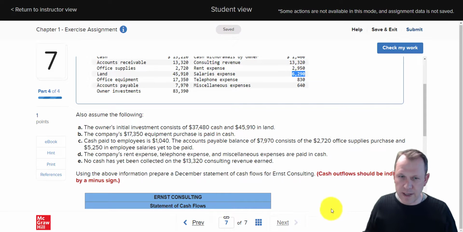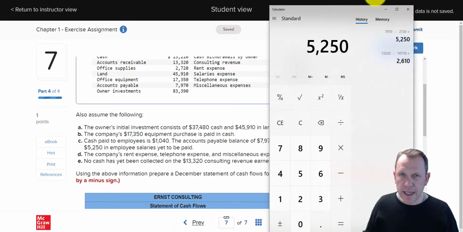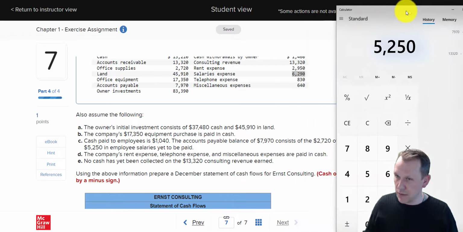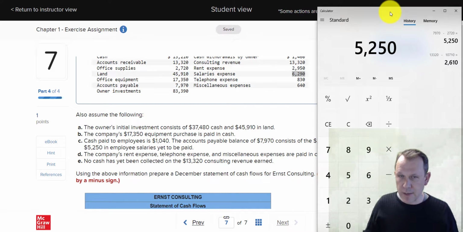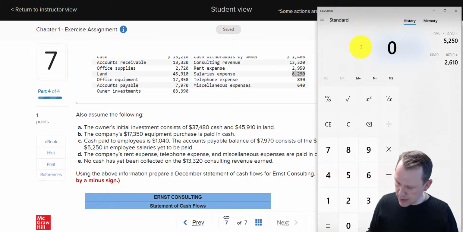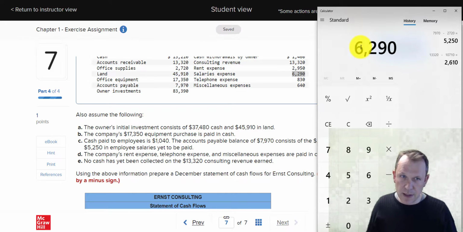So the salaries expense, it doesn't necessarily have to be cash, right? It's going to be part of this. So it's going to be $6,290 is the salaries expense.